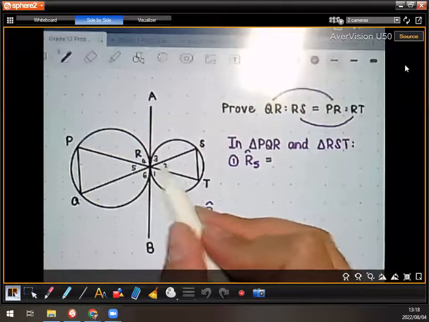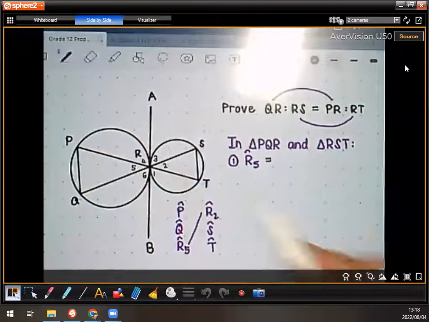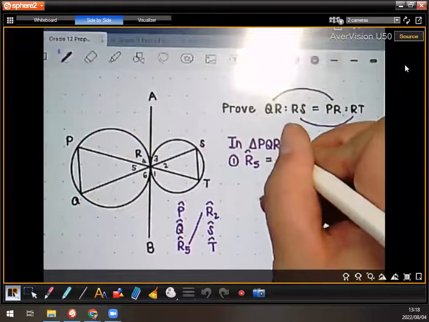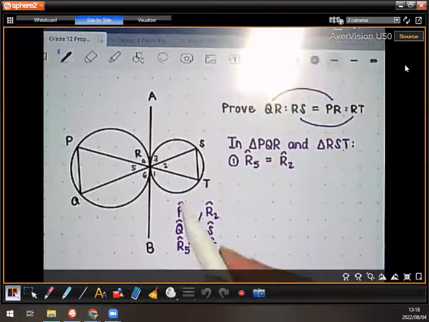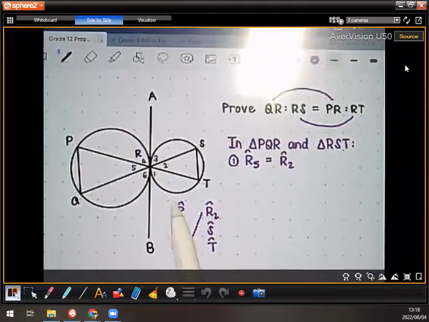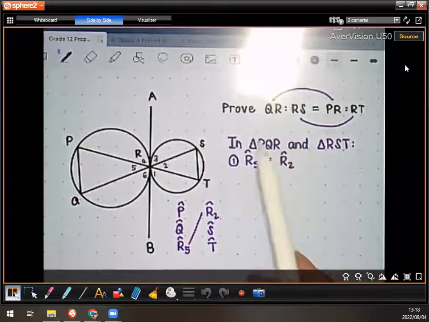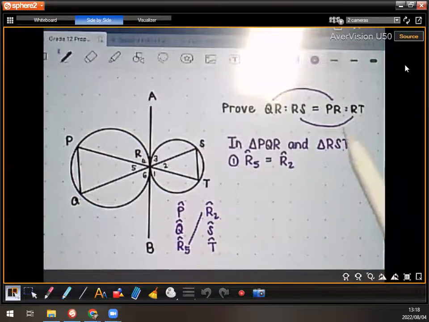And then the angle that's equal in the other triangle is R2. So when I'm listing my three angles, I always write the three angles of the first triangle first, and then the second triangle's, and I write them down in the same order.